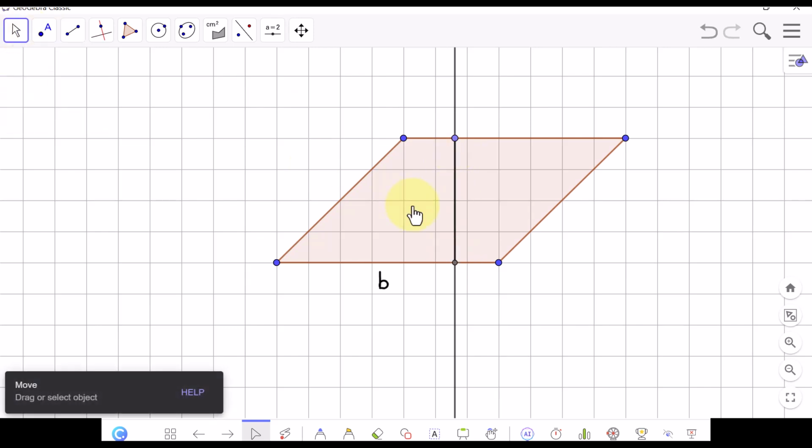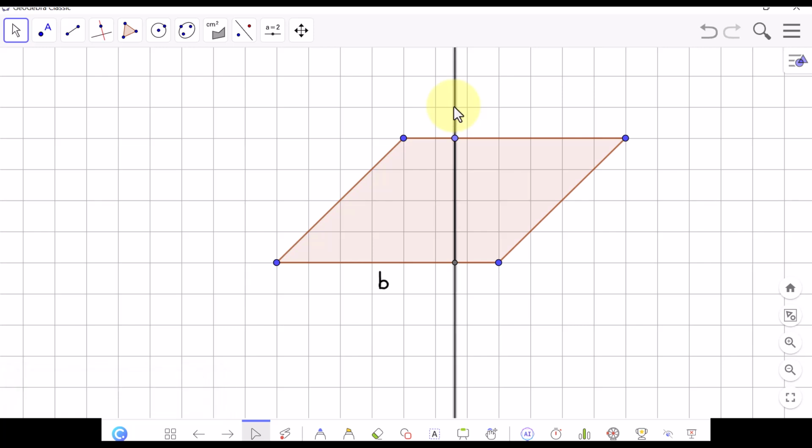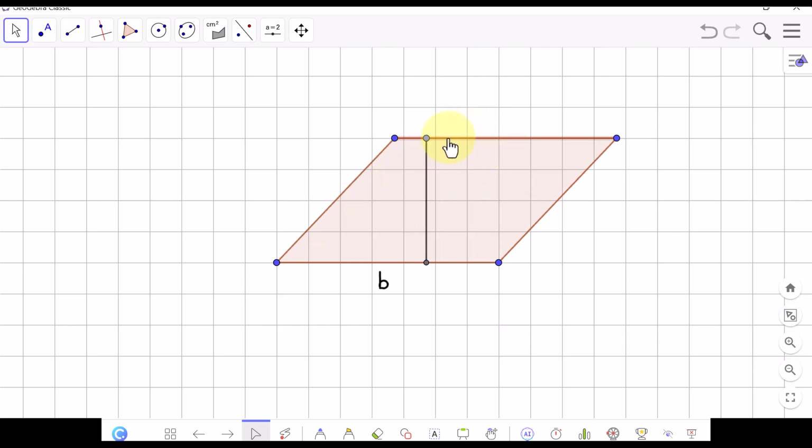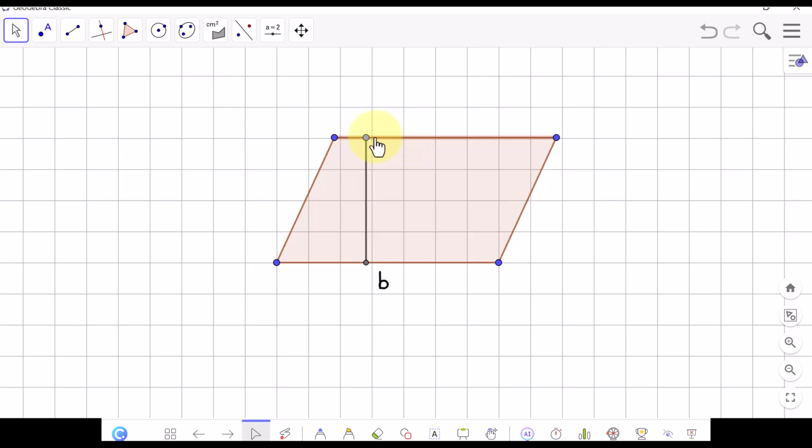Okay, let me take this one out. You see now, this height is uniform. I can click it and slant it across. As long as this parallelogram remains like this, the height keeps going in this order. So this height will not change.